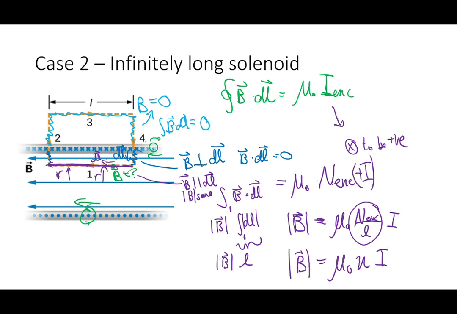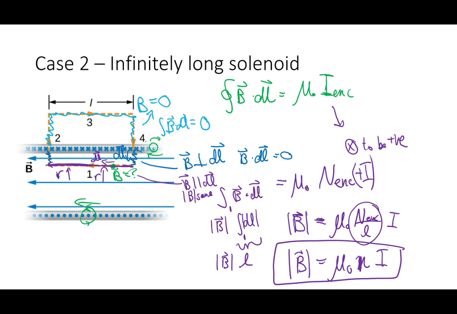Remember that L here has nothing to do with the length of the solenoid itself, right? It's just this arbitrary length that we choose in order to draw our Amperian loop. So this, once again, brings us the exact same result as we had last week for the infinitely long solenoid.